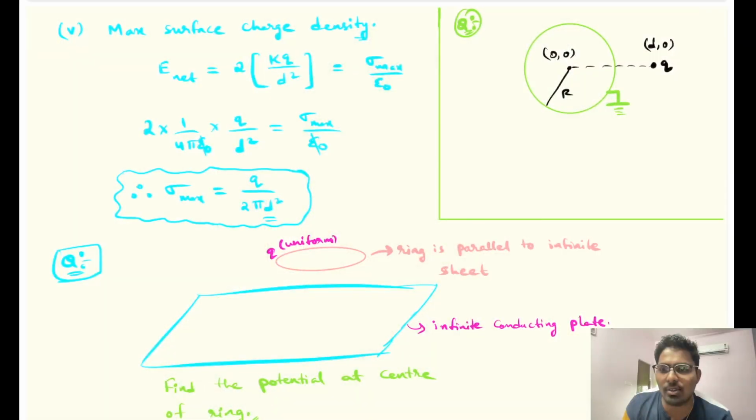Whatever you want to find, energy, field, potential or force, you can find. So in this question, you just need to use again the method of images, or the uniqueness theorem, and you need to find a particular charge.